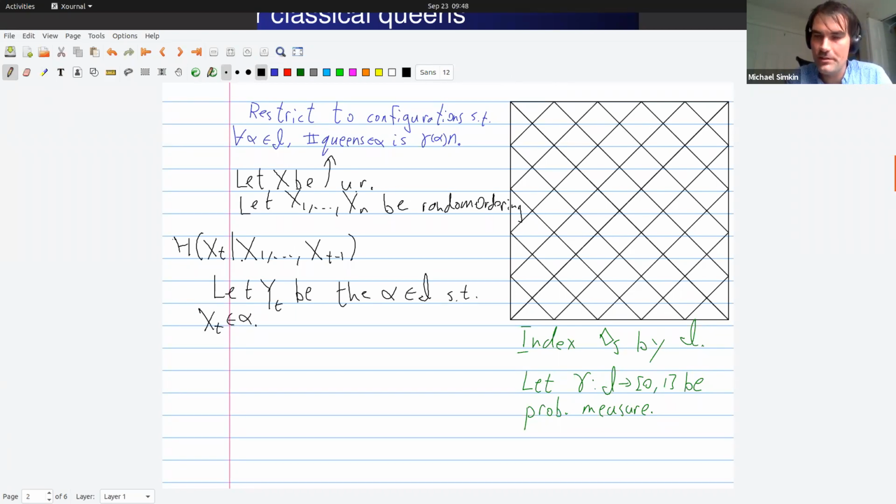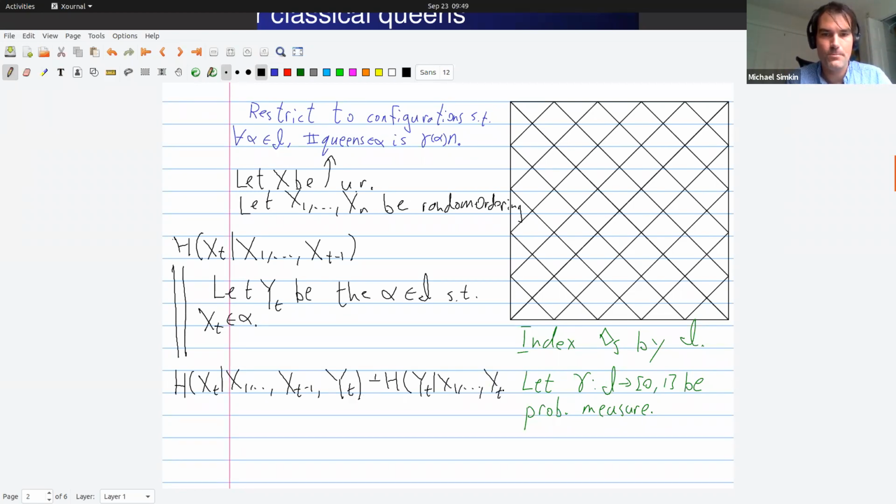Whatever queen is revealed at step t, it's going to be in one of these diamonds. So I just define this as a random variable. And then I can use another application of the chain rule for entropy and say that this entropy is actually equal to the entropy of xt given previous revelations and also yt, plus the entropy of yt given previous revelations.